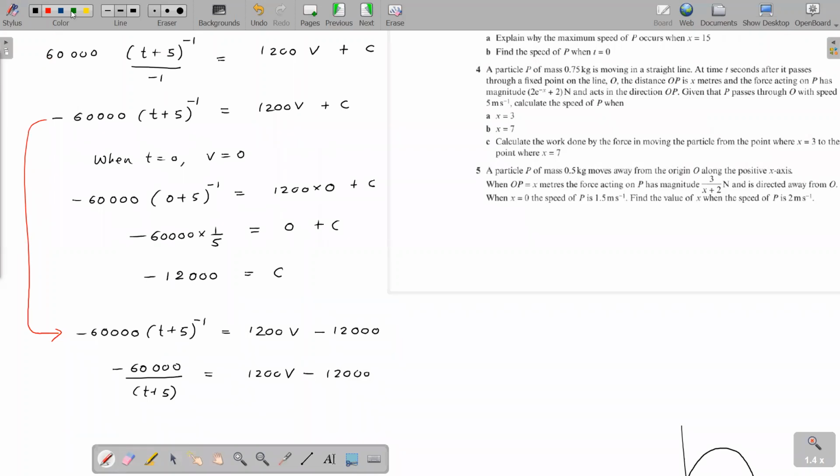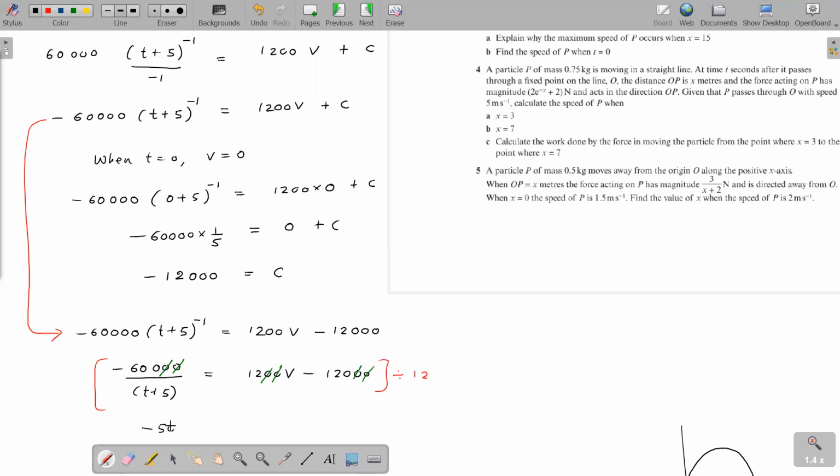But you can see here, I can definitely divide by 100, the whole equation. We could also divide the whole equation by 12. Can you divide 600 by 12? What do we get? 50.